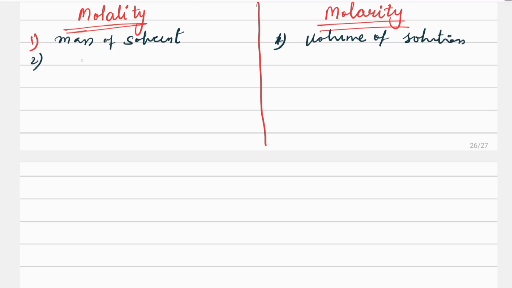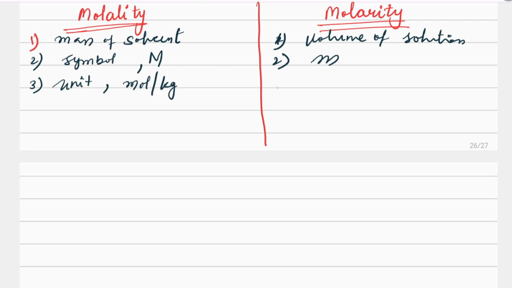Its symbol is small m. Over here its symbol is capital M. Okay. Its unit is moles per kilogram, or molal. Over here its unit is moles per liter, or molar.